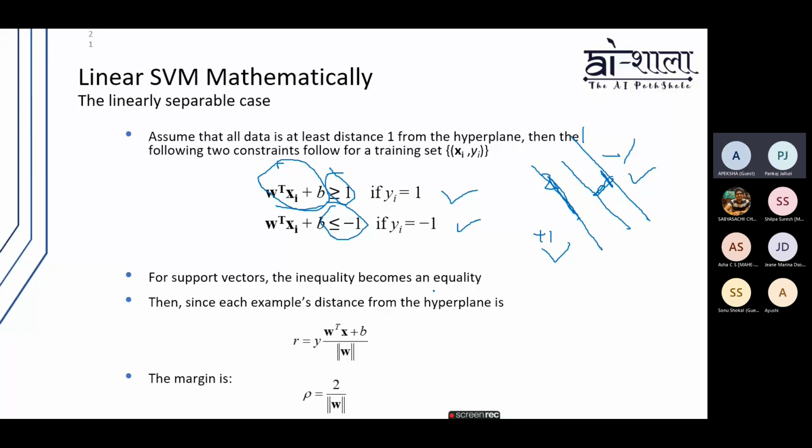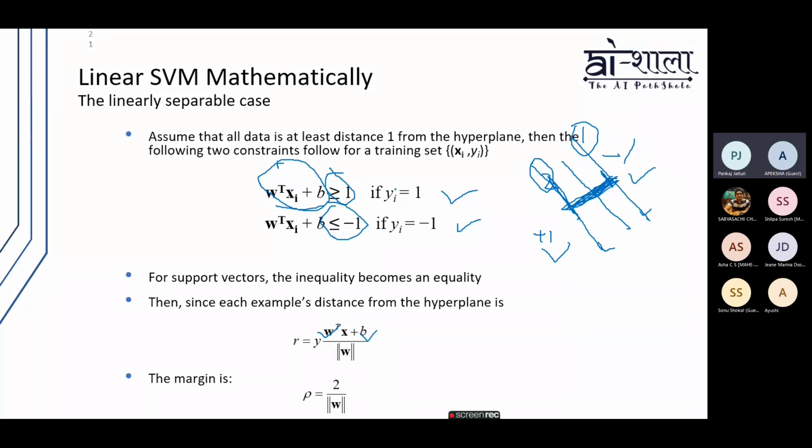What we want to do is find these values of w and b, or find line number 1 and line number 2 such that it maximizes this margin, right? That's what we want to do, find the equations of this line and this line.